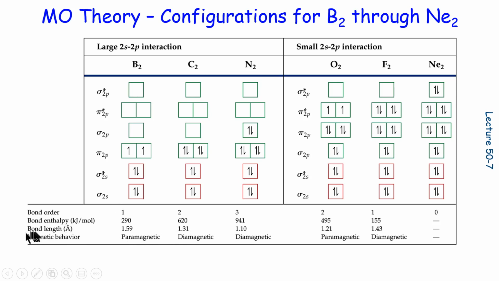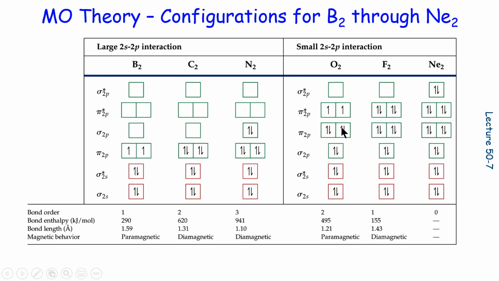If we take a look at the magnetic behavior, whenever you see unpaired electrons, then they are paramagnetic. So that's why B2 is paramagnetic. C2, there are no unpaired electrons. Does N2 have unpaired electrons? No. So therefore, both are diamagnetic.